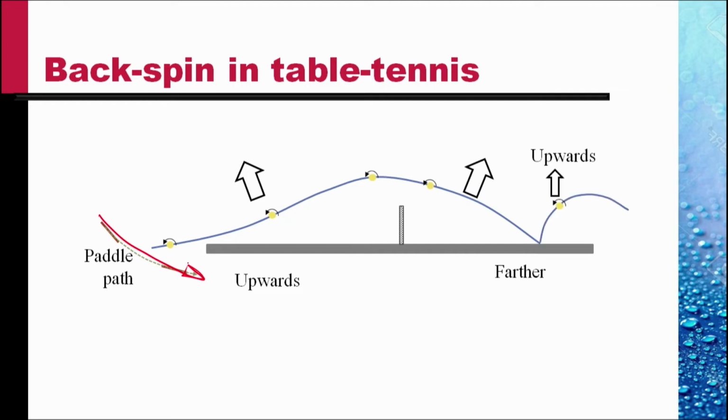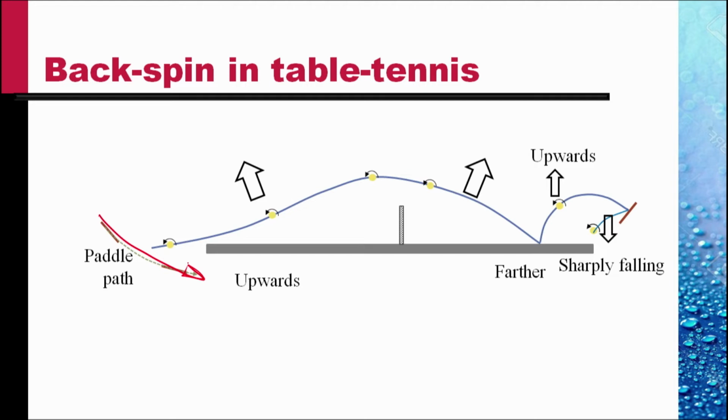After impact from the table, the ball is still moving counterclockwise, and so there is a lift force upwards, and this lift force would make the ball go up more than it would if the ball was not spinning.